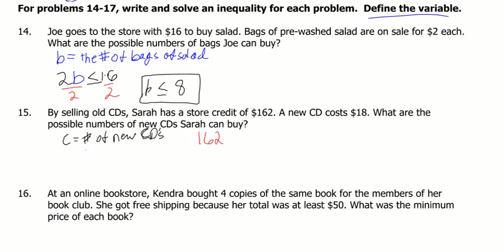Alright, now we need that number to be bigger than 18 times C. Now we could go all the way up to 162. Okay, we could get $162 worth of CDs if it's possible. So we're going to divide each side of this by 18.